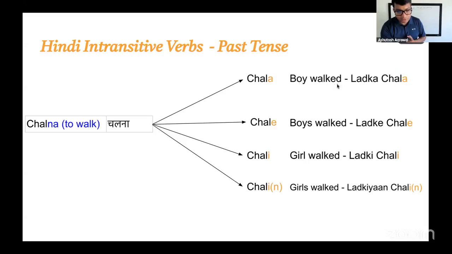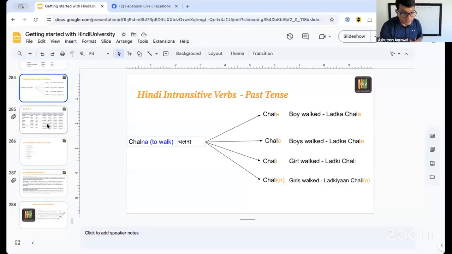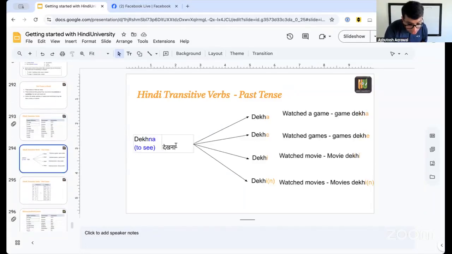When we say boy walked, it was ladka chala. Boys walked, ladke chale. A girl walked, ladki chali. Girls walk, ladkiyan chali. In all these cases, this is a subject. Unlike in this section now, when we say watched a game, watched games, we are looking at the object. We are not looking at who watched it, but what was being watched.